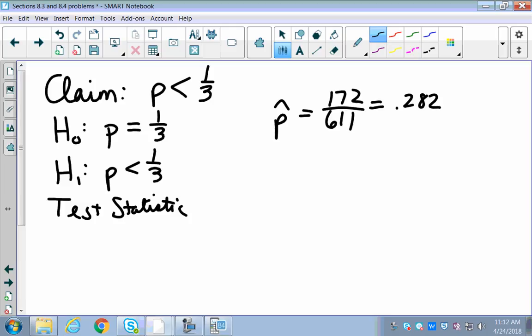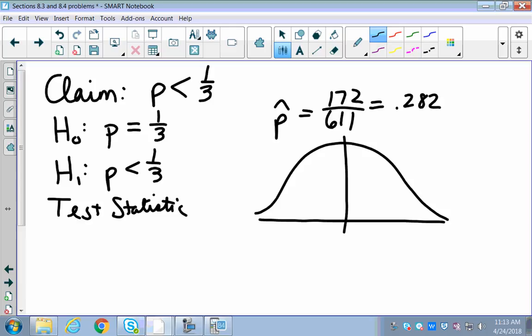And I'm looking for my test statistic. So now what? If P is equal to it, my claim is less than. Is this a one-tailed or a two-tailed test? It is a one-tailed test, isn't it? Okay.